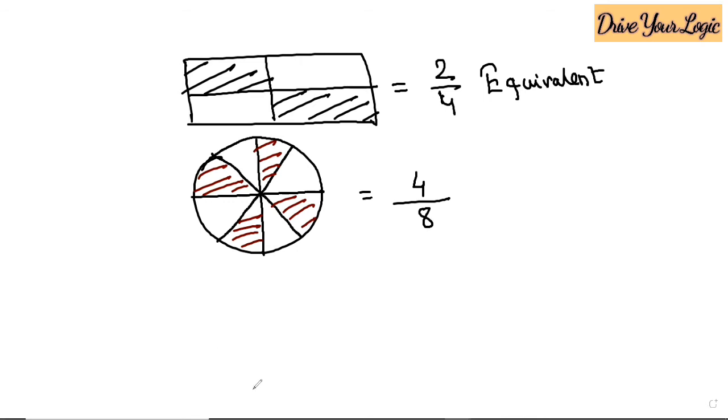Now I'm going to show you a few sums. Suppose I have given you 3 by 5. Now I'm asking you, find some equivalent fractions. How to find equivalent fractions? You just write down the table. It's very easy. Suppose I'm telling you to write the first 3 equivalent fractions of 3 by 5.